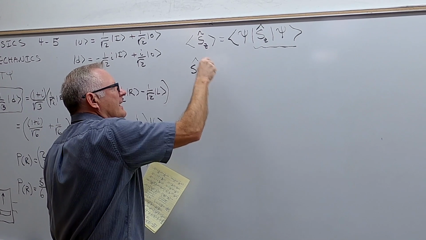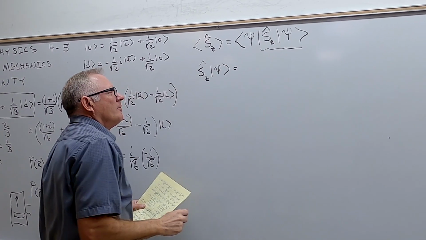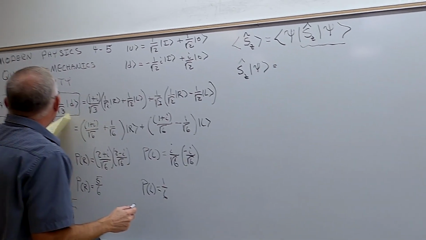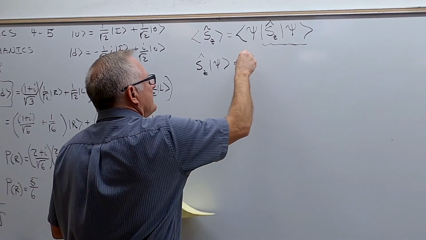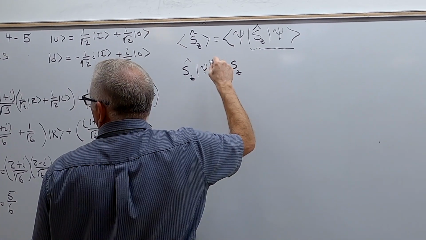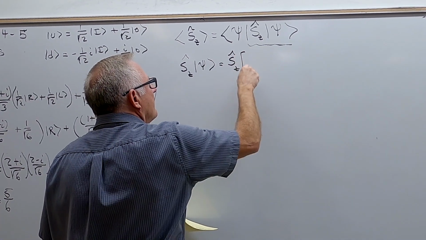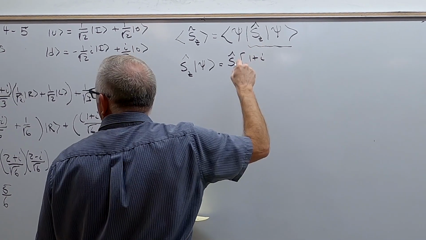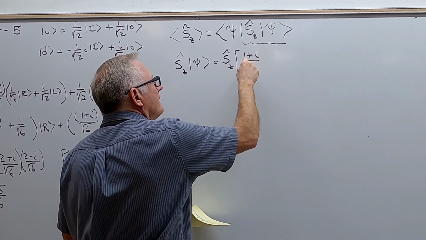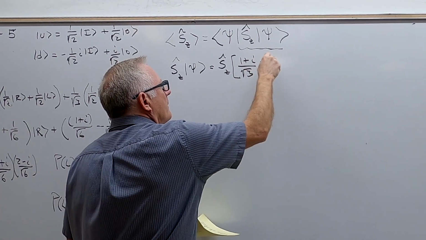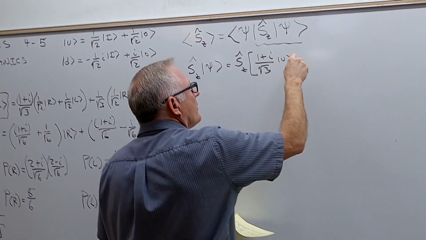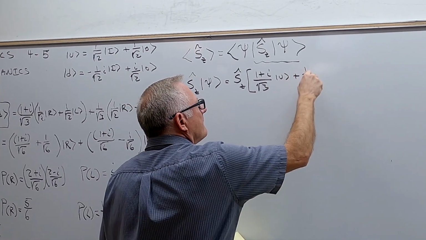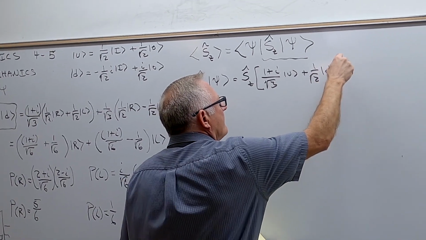We're just going to look at that part first. Well, psi, we can put in what our psi is. That's S sub Z acting on 1 plus i over the square root of 3 up plus 1 over the square root of 3 down.